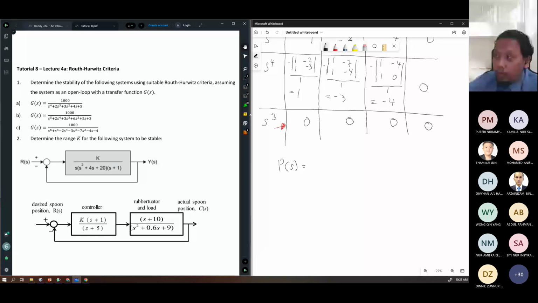So we create new polynomial from row S4. So here 1 S power 4 plus -3 S squared plus -4 S naught. So you drop by power of 2 for each S. Okay, so we get S power 4 minus 3S squared minus 4.